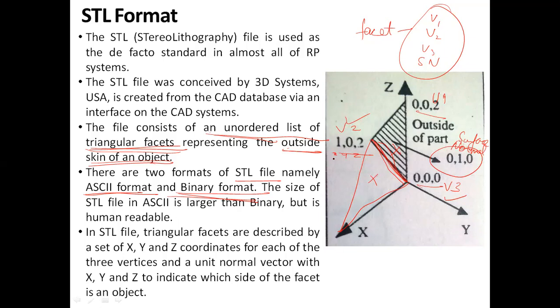As a result, we save the STL file in ASCII format. And as I explained earlier, each triangular facet is described by a set of XYZ coordinates for each of the three vertices, and a unit normal vector with XYZ to indicate which side of the facet is the object. So this is the standard format of the STL file.